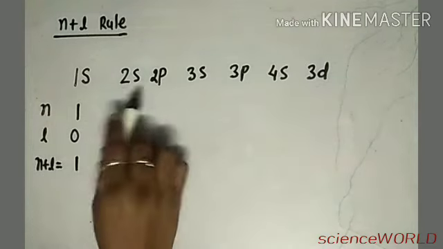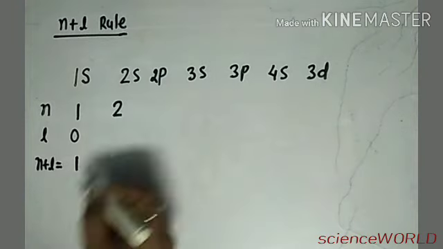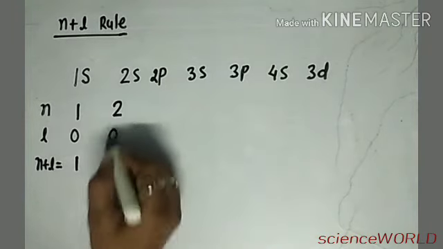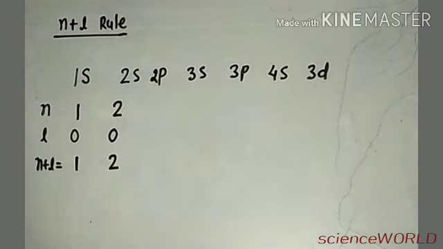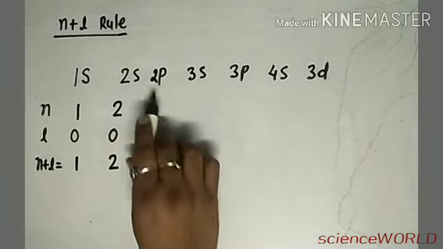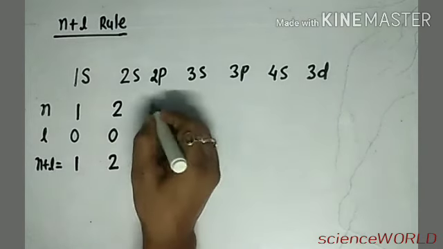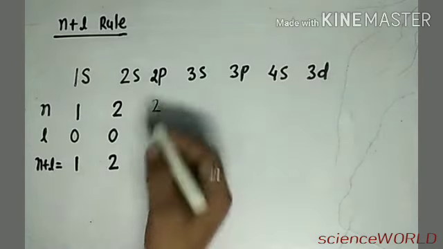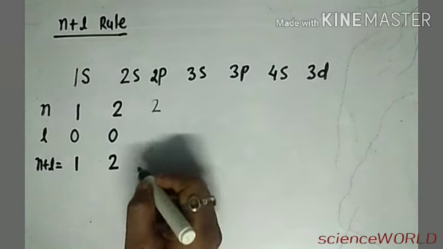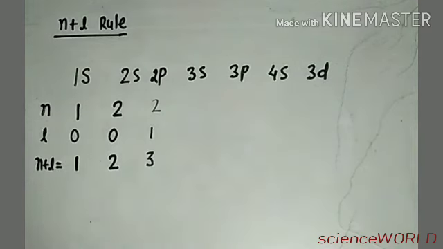When we consider 2s, the n value is 2. Obviously s is 0, so it will be 2. As far as 2p is concerned, the n value is 2, and where the p orbital is there, the L value comes 1. So obviously it will be 3.